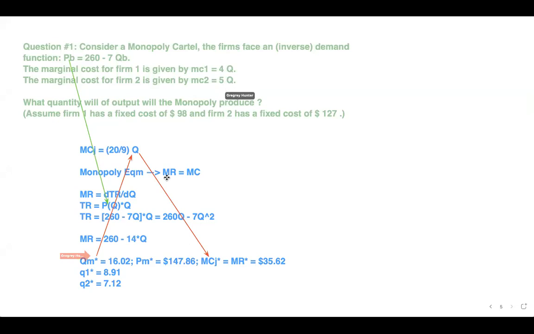Yeah. And then notice you produce more intensively, right? 8.91 units in your low cost factory, and you don't produce as much output at your high cost factory. So the low cost factory gets utilized more intensively because the firm's trying to maximize profits. Do you see what I'm saying?